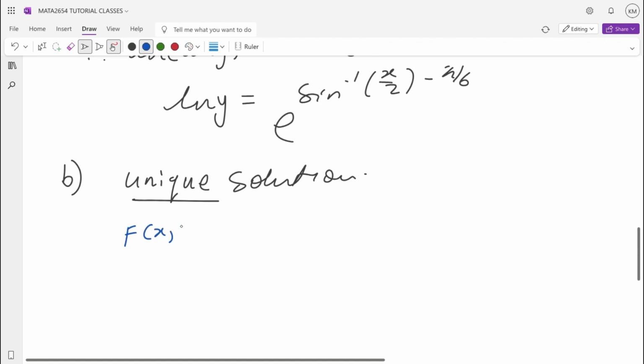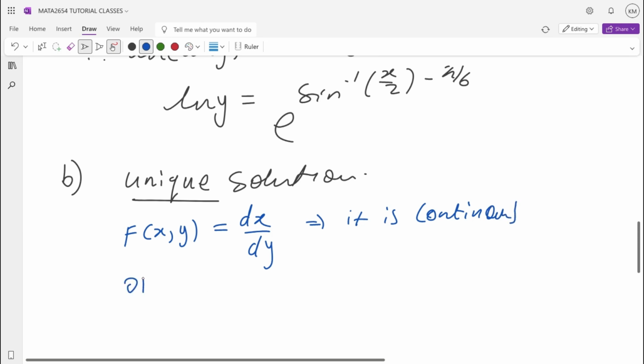You have your f of x y, which is basically dy over dx. So you're going to look for where it is continuous. Where is it continuous? And also the partial derivative of your function f of x y, the partial derivative of f with respect to y.